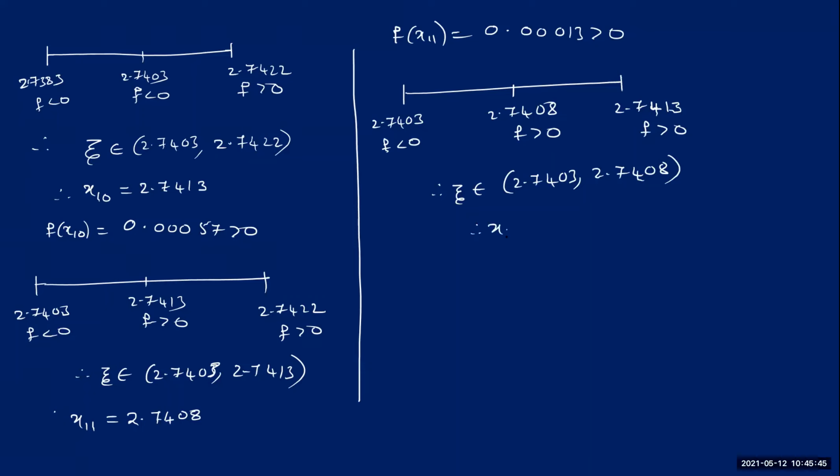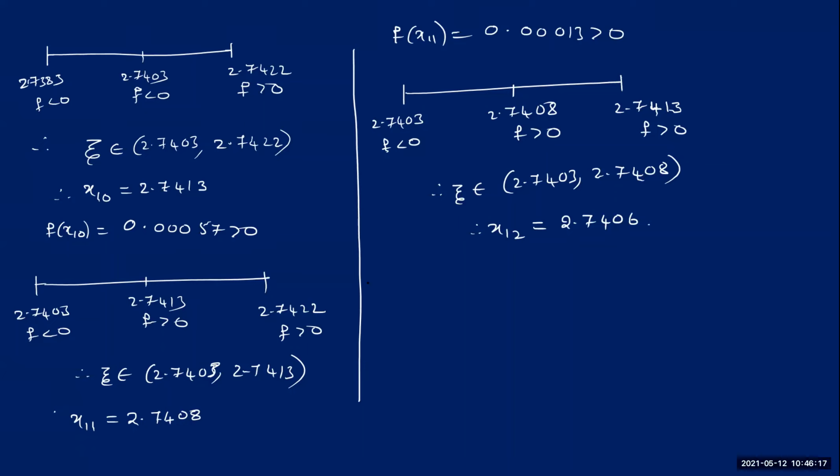Therefore, the next approximation x12 is the middle point of 2.7403 and 2.7408. Certainly it will be in that, I'm sure. Yes. So it is 2.74055, but I'm taking it as 2.7406. Now, as you can see, if you compare x11 and x12, exactly 3 digits are the same in 2 successive approximations. So therefore, we can say we have reached 3 decimal accuracy, right?